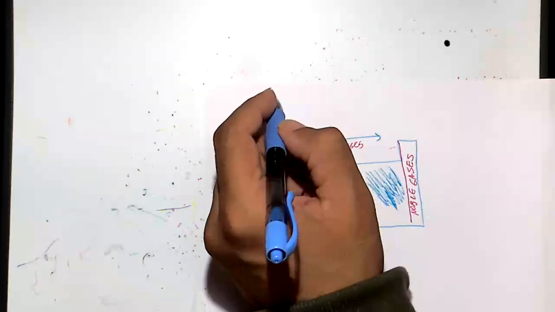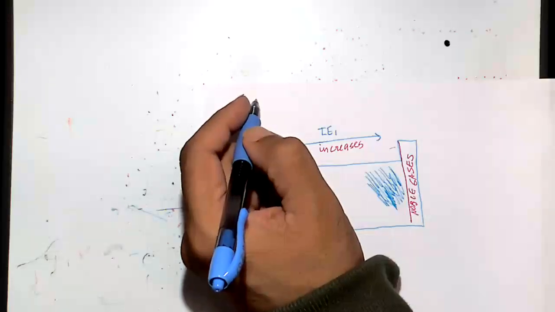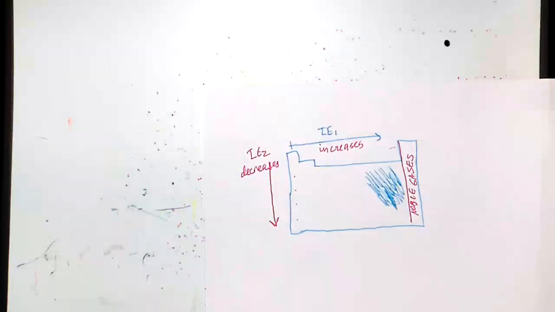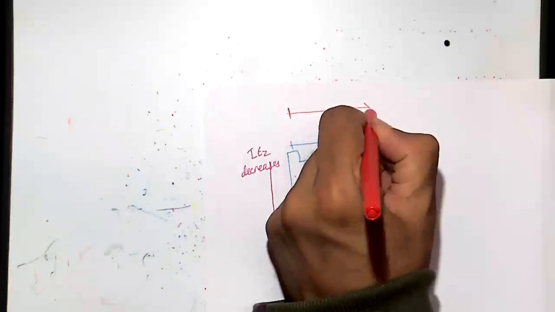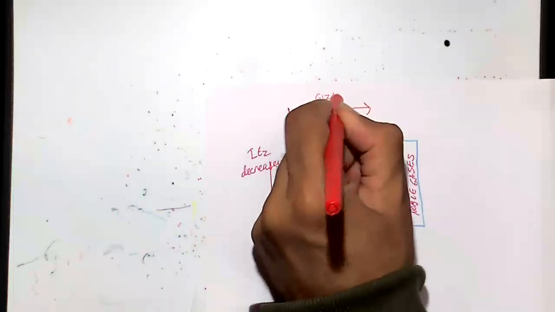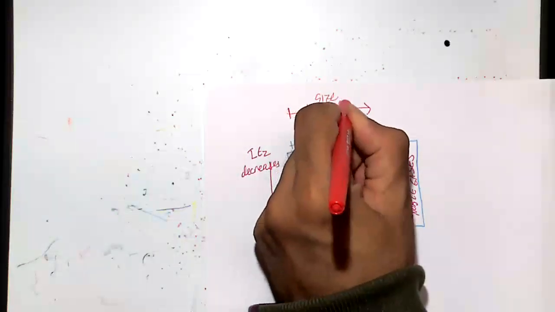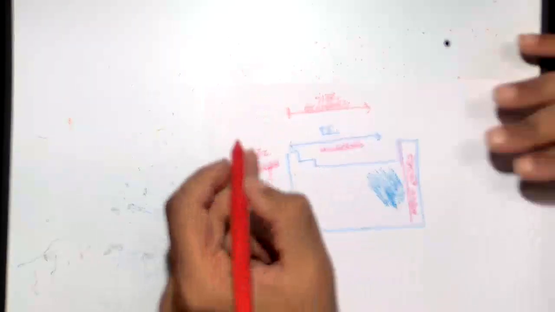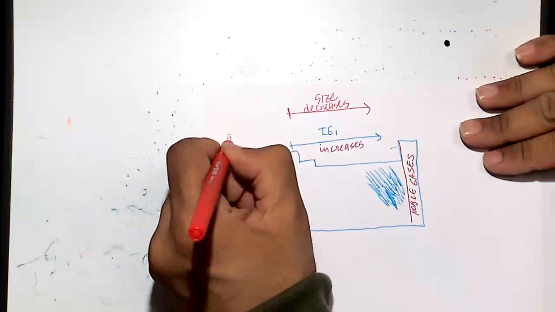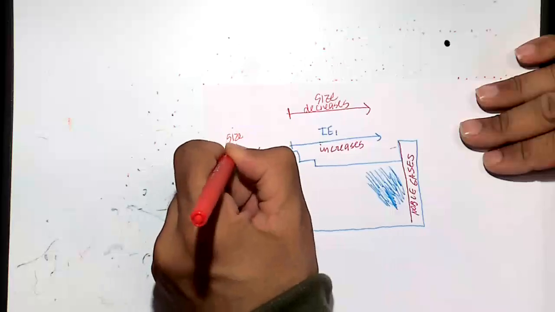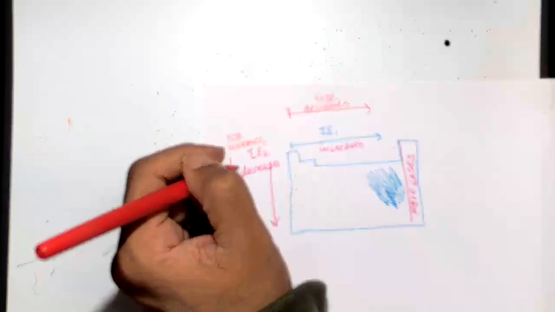And then the opposite is true for the size. So for the size, actually, it decreases across a group and increases down a group.